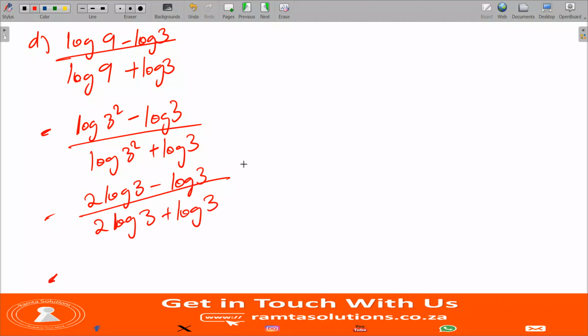Now, as you can see, we're collecting like terms. What does it mean? 2 log 3 minus log 3 becomes 1 log 3. 2 log 3 plus 1 log 3 becomes 3 log 3. These logs are cancelling. So what is our answer?